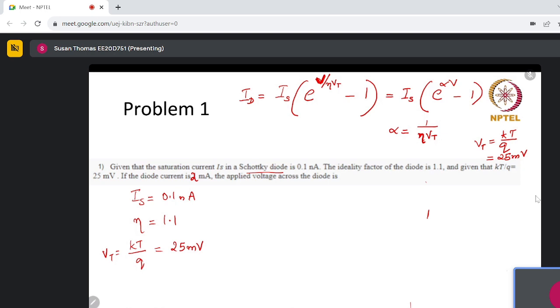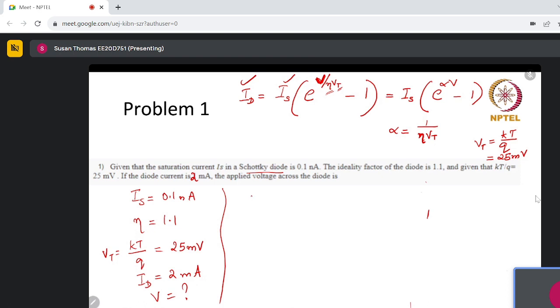If the diode current, that is ID, is 2 milliampere, what is the applied voltage across the diode? Can you calculate the applied voltage across the diode? So use this equation. You know what is ID, you know what is IS, eta is known, Vt is known. So the only parameter which is unknown is V, which is the applied voltage.